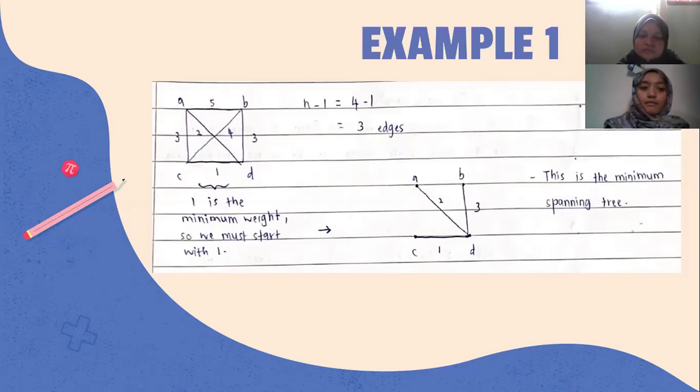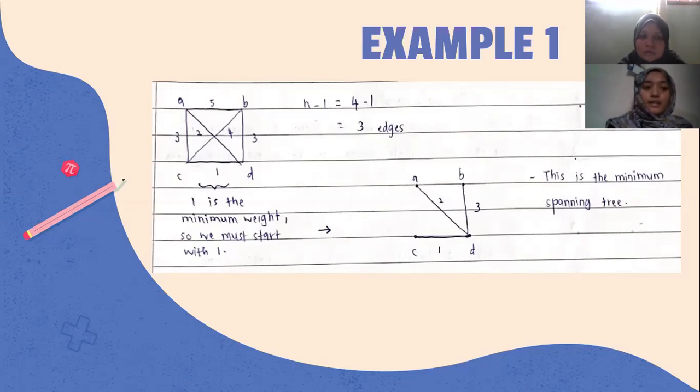From the main graph, you can see that we have 2 edges with weight 3. The connection between vertex A and C cannot be used in constructing the spanning tree because it will form a cycle.